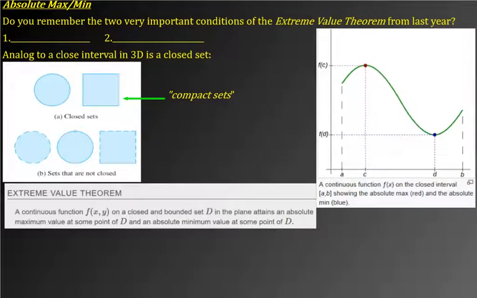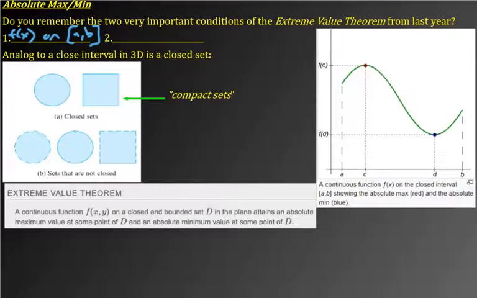So the two most important conditions of the Extreme Value Theorem are that one, the curve appears on a closed interval. So we basically had f of x on some, typically we use a and b, closed interval.